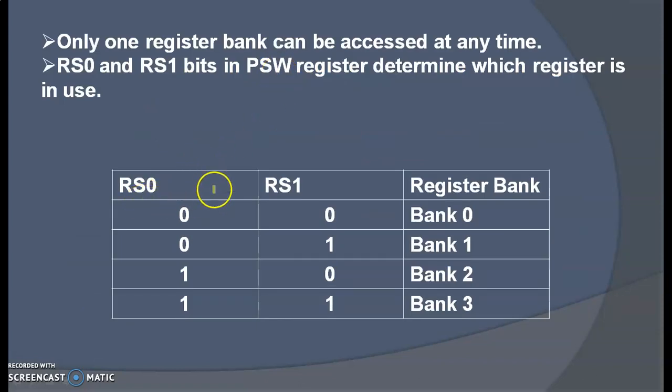Now, whenever I want to select any register from bank 1, bank 2 or bank 3, these are the values which you have to give for the register select bits RS0 and RS1. This RS0 and RS1, they are part of program status word register. By giving the appropriate values to this register select bits, I can select either register bank 1 or 2 or 3 to store the data.